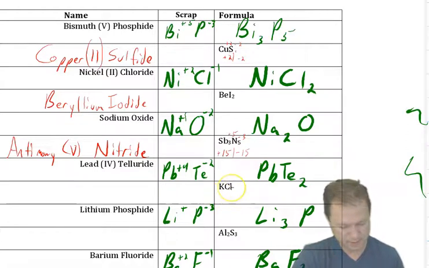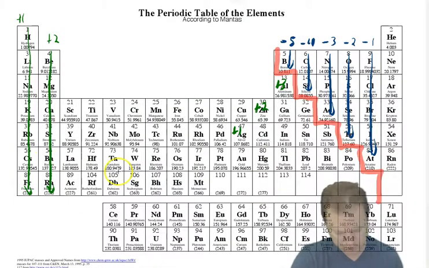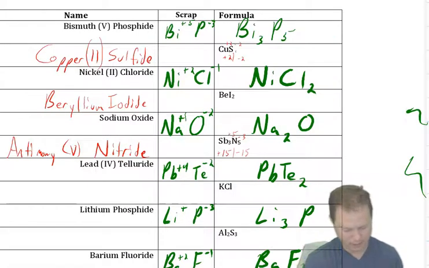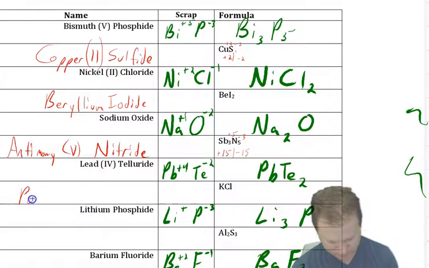KCl, the next one. Does K need Roman numerals? Let's look. Where's K? Oh, it's over here. Okay, and it does not need Roman numerals. We know the charge. All right, so if I go back, I know what K is. It's potassium.